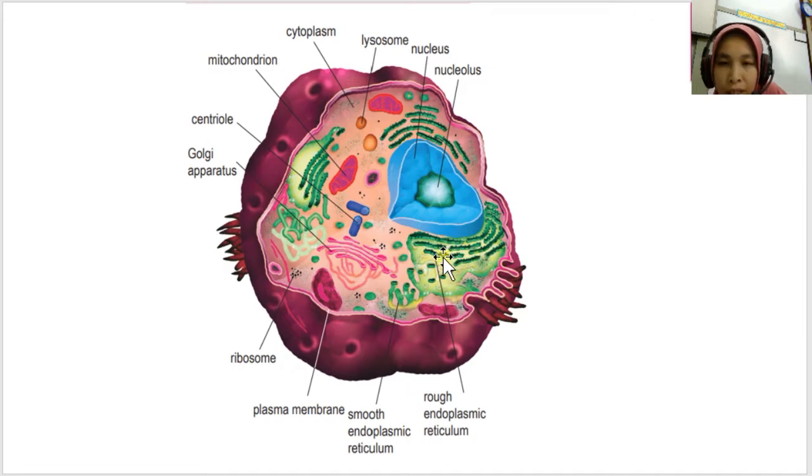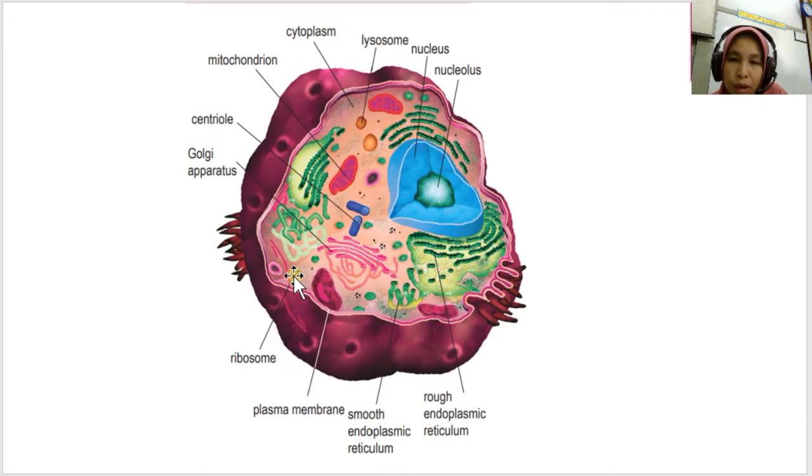Before I forget, on the rough endoplasmic reticulum there is a small black dot attached to it. That black dot refers to the ribosome. So the black dots that attach to the rough endoplasmic reticulum are ribosomes, same as this.